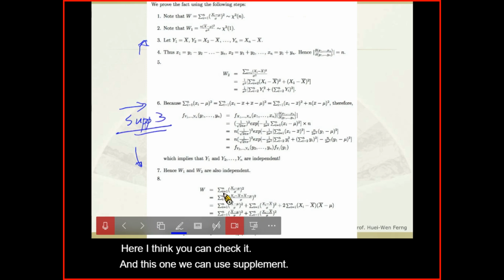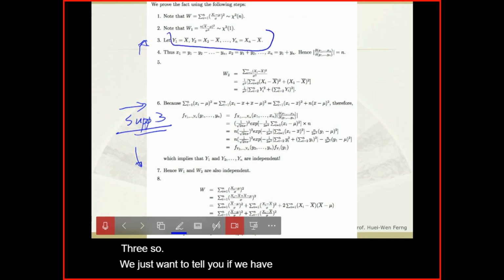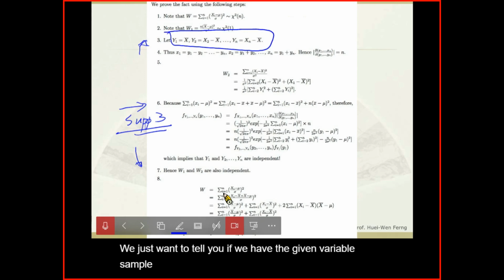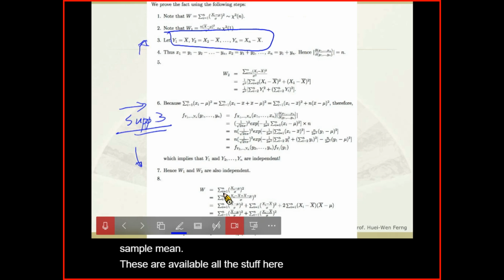So by utilizing supplement 3 and also using some changes. We just want to tell you, if we have the given variables: sample mean, and second one minus sample mean, second to nth one minus sample mean. These random variables, all the steps here just want to prove they are independent.